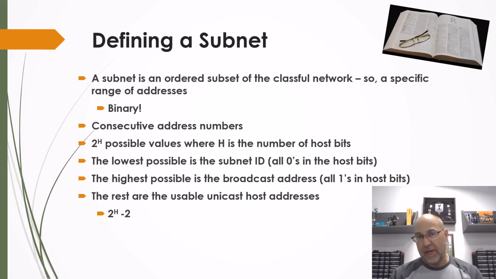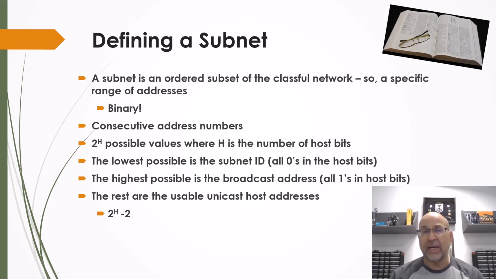The lowest possible address is the subnet ID. The highest possible address is the broadcast address at that particular subnet. Now in binary, if you take the host portion, the suffix, and you put all zeros there, that's the subnet ID. If you take the host portion and put all ones there, that's the broadcast address.